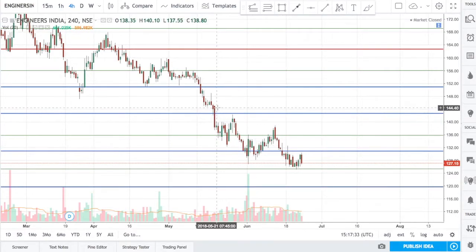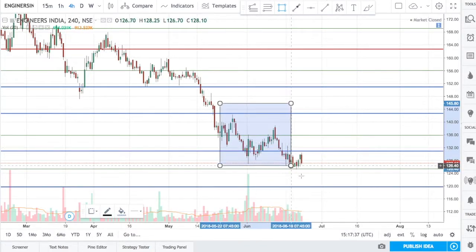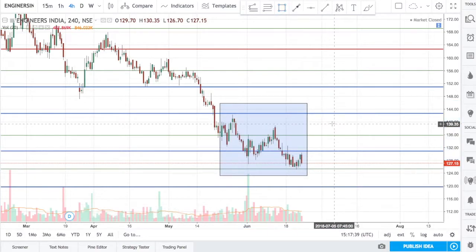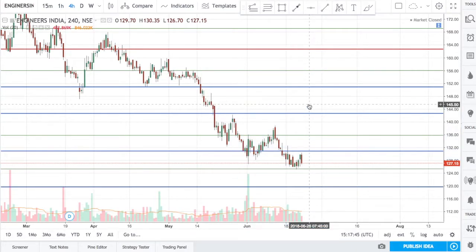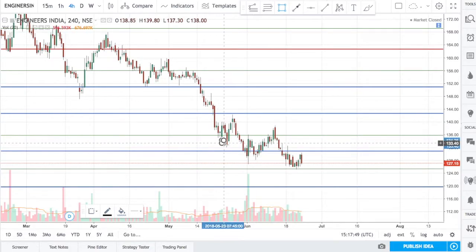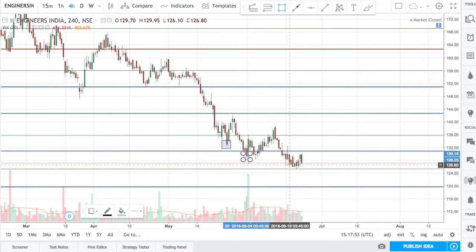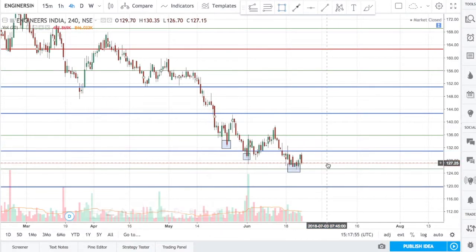Focus your attention on this portion here. We have this low, and this low.